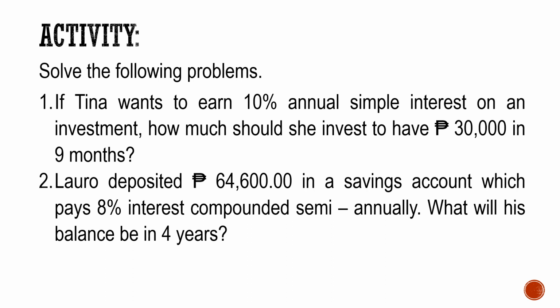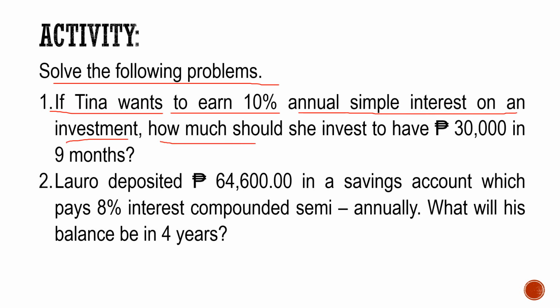For this activity, solve the following problems. If Tina wants to earn 10% annual simple interest on investment, how much should she invest to have 30,000 pesos in 9 months?